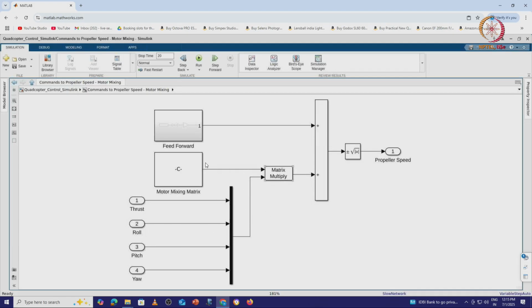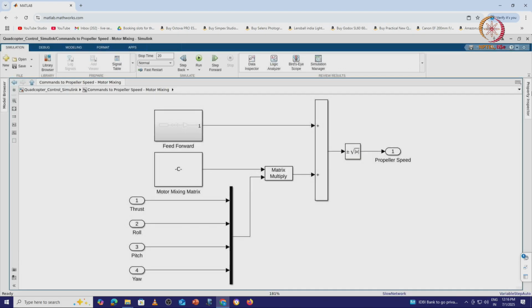I'm mixing them, and the mixing matrix multiplication gives you the RPM required. The feed forward and the feedback control are combined together, and when you sum them, you get whatever output is needed. I am just checking whether there is saturation or not. If not, I am just sending it out, and that is my propeller speed.